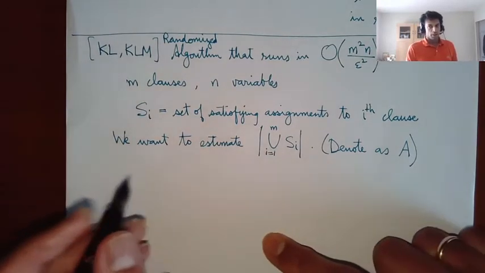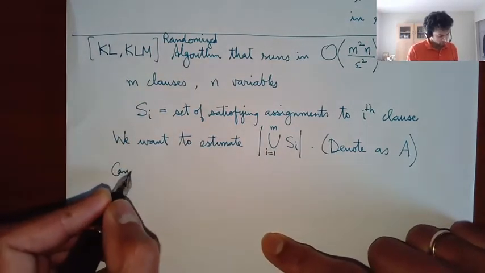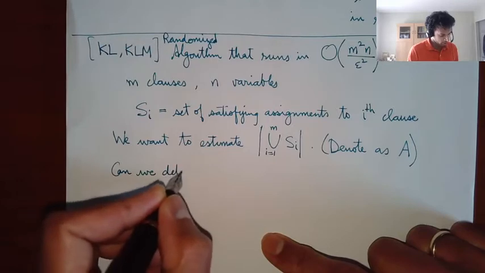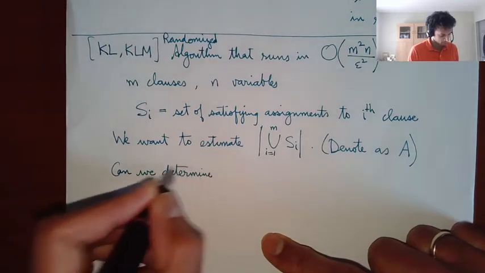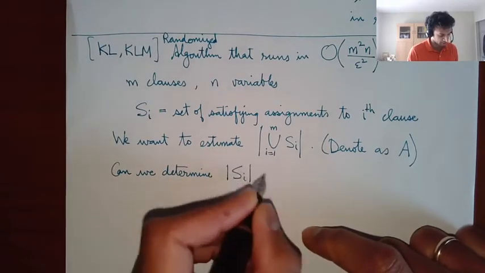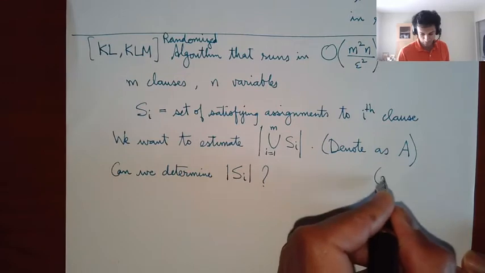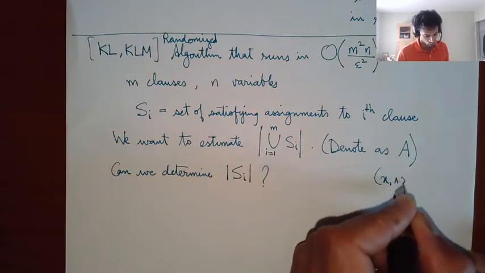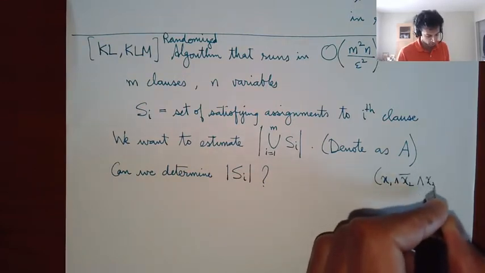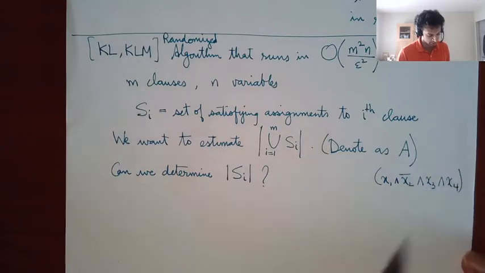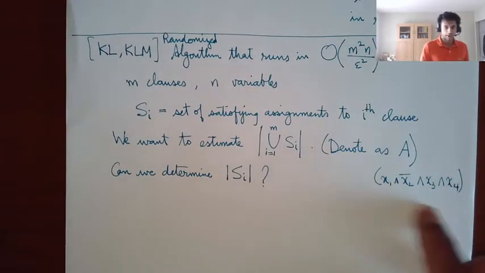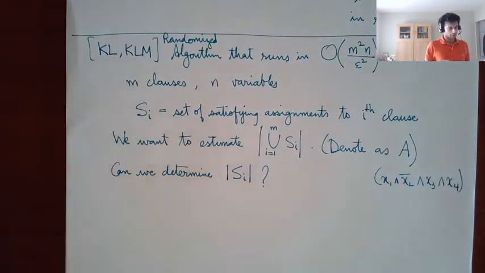Now let me ask you a question. Can we determine the size of S sub i for a given clause? Suppose I gave you a clause, for example x1 and x2 complement and x3 and x4. And suppose I said, what is the number of satisfying assignments just for this clause? How many will that be?